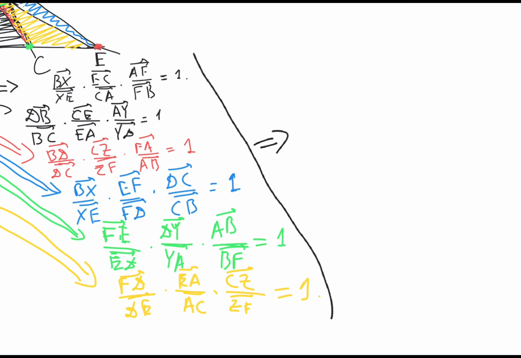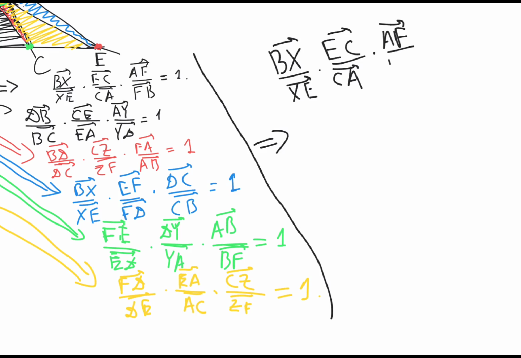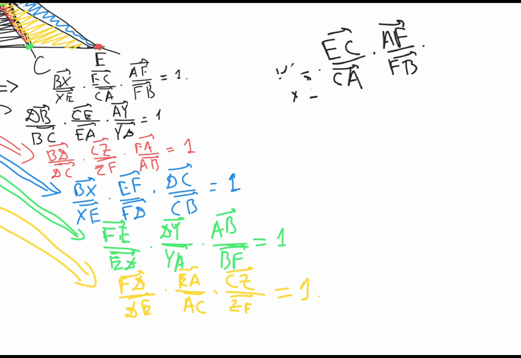So let's write this carefully. So BX over XE, over EC over CA, AF over FB, multiplied by... it would be easier, without rewriting all of this, just to show it here, just to save time.